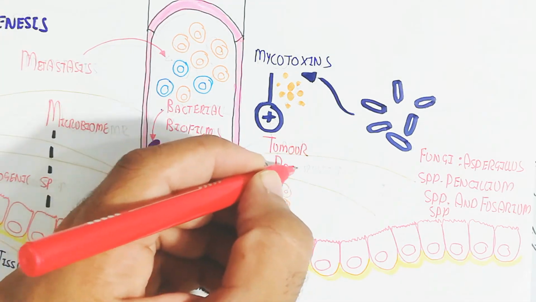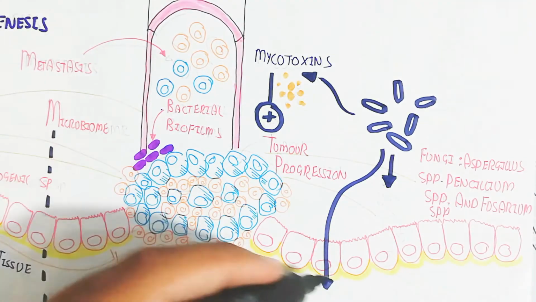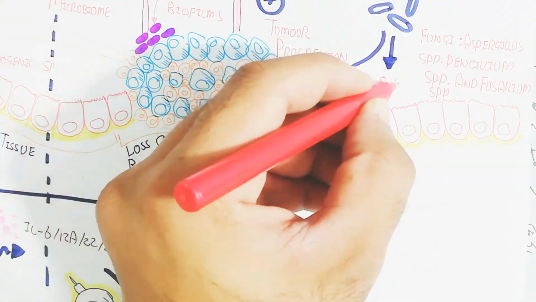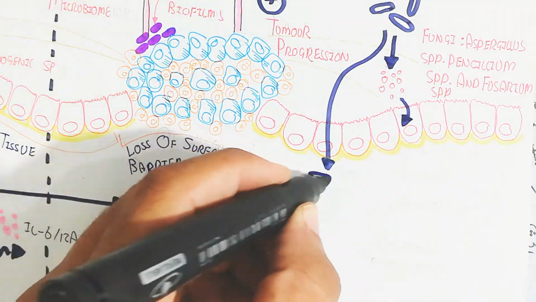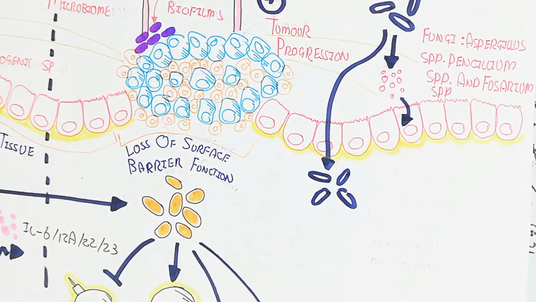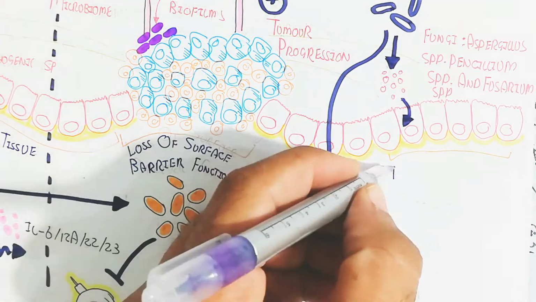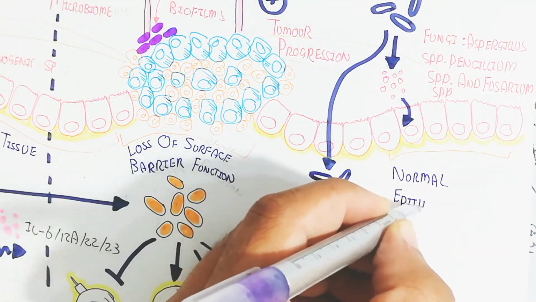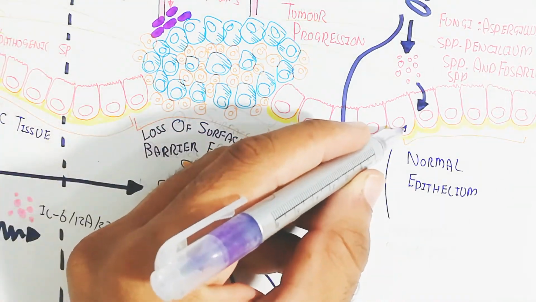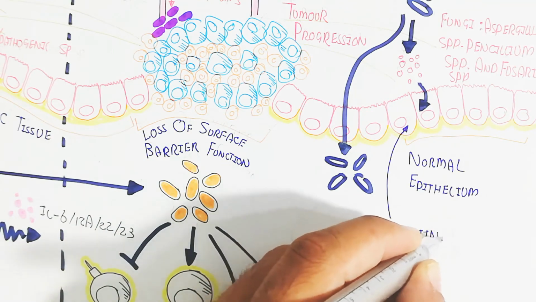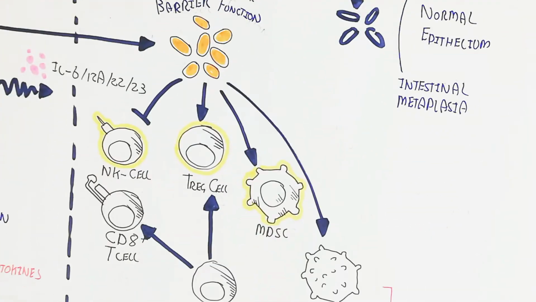So mycotoxin is also produced from fungi of the genera Penicillium and Fusarium, which will lead to tumor progression. Remember also the permeability across the border of the epithelium: the normal epithelium is here, and this is the abnormality due to inflammation, which will trigger the antigen presenting cell.